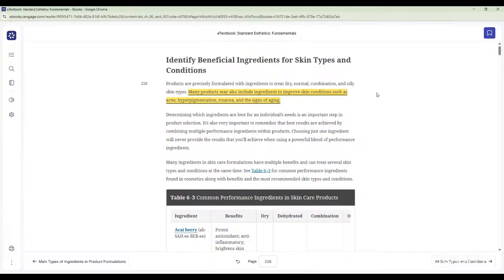Start to learn additional information on acne, hyperpigmentation, rosacea, and signs of aging. Learning these 4 and just expanding your vocabulary, even with these, you will be able to do any type of skin. It doesn't matter the background, doesn't matter the type of skin, you will be able to service them because all 4 of these touch almost every ethnic group in the world.